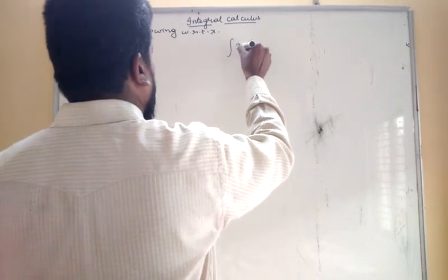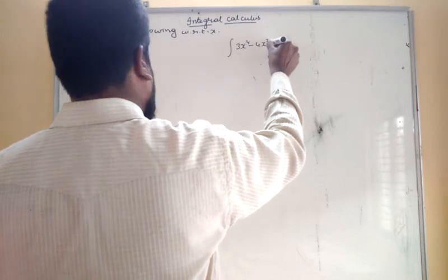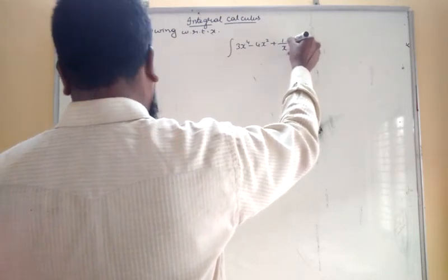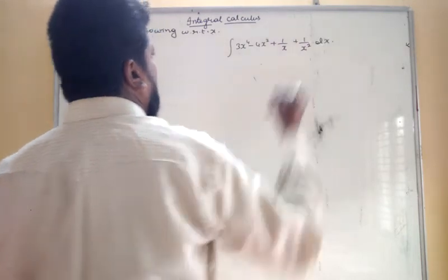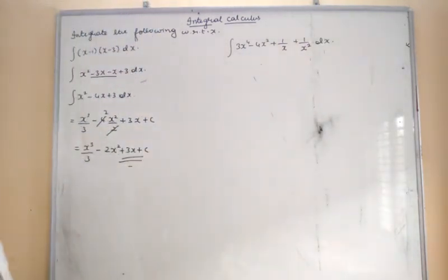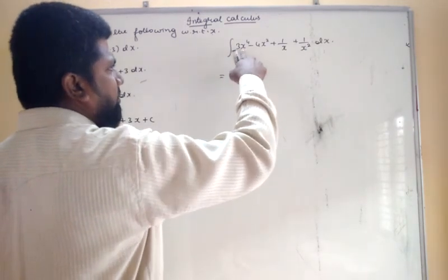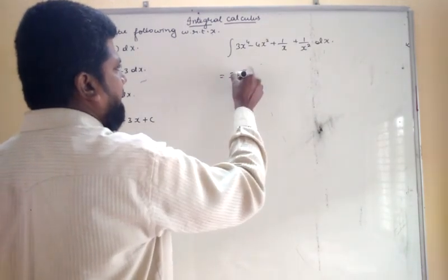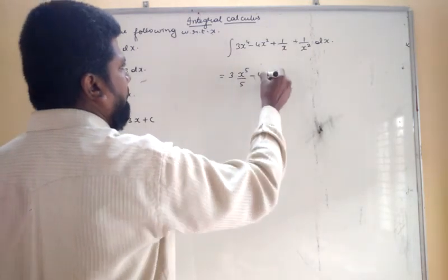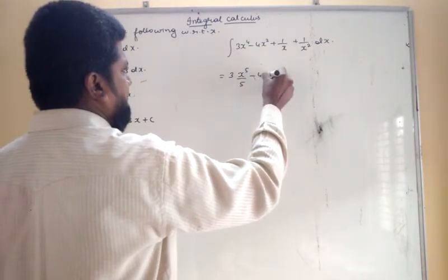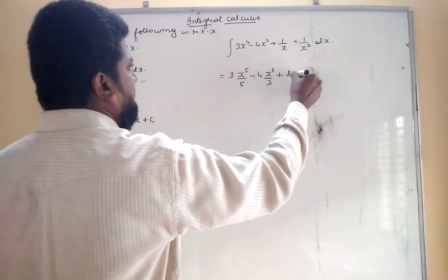Integration of 3x to the power of 4 minus 4x square plus 1 by x plus 1 by x square. If you know the identity, we can solve this directly. It is in the form of x to the power of n: 3 constant, x to the power of 5 by 5, then minus 4, 4 is a constant, x square integration is x cube by 3, then 1 by x integration is log x.